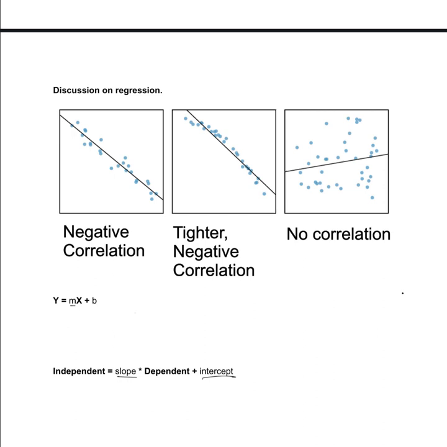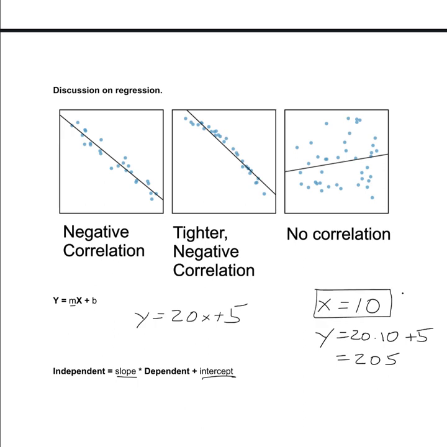So we might have an equation y equals 20x plus 5, and so therefore if x equals 10, y would be 20 times 10 plus 5, or 205. The independent variable, x equals 10, produces a dependent variable, y, of 205.